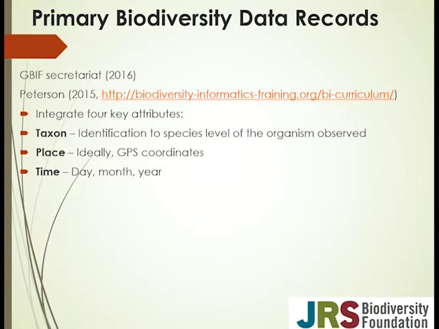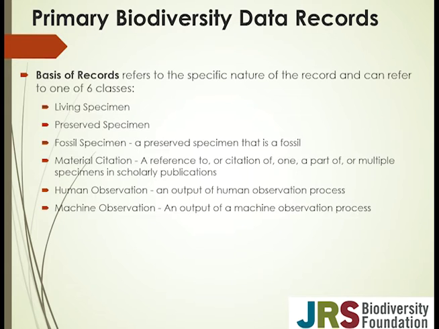The third attribute is the time in terms of day, month, and year. Those three attributes, including the time, are important when you want to achieve completeness analysis, for instance. But for ecological niche modeling, information on taxon, place, and also the fourth attribute, basis of record, are sufficient.